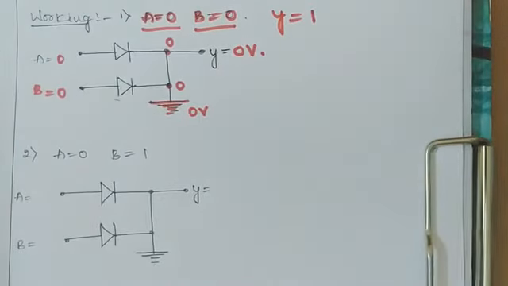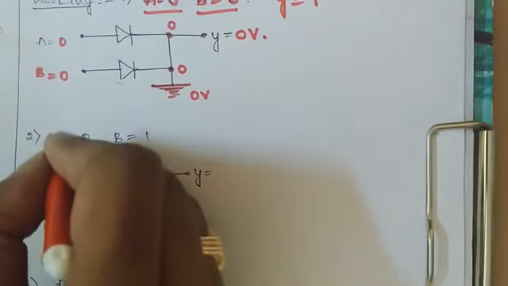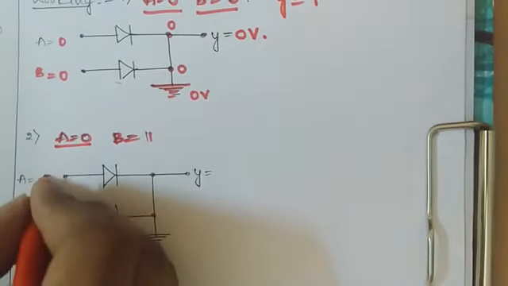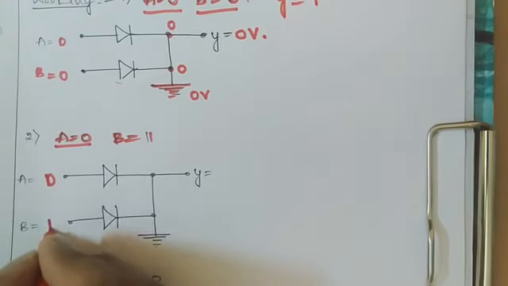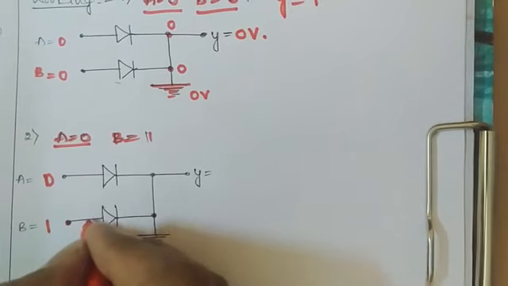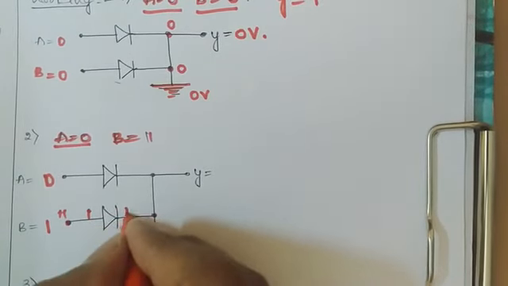Now the second case: A equal to 0 and B equal to 1. Here one input is 1 volt, a high potential, and the other is 0 volt, a low potential.